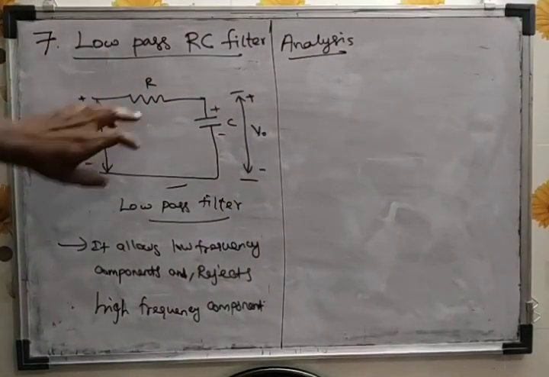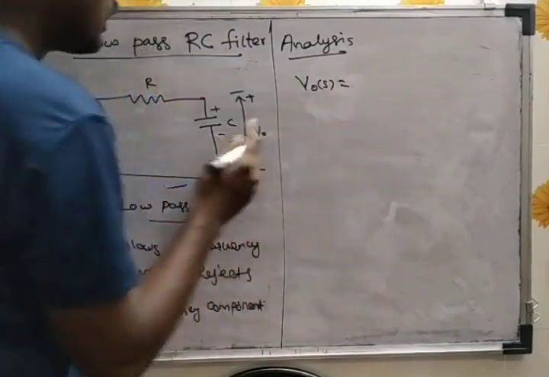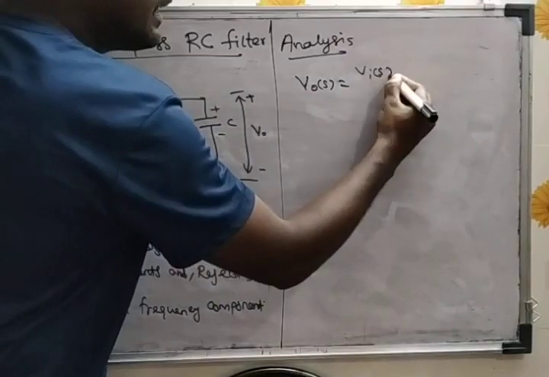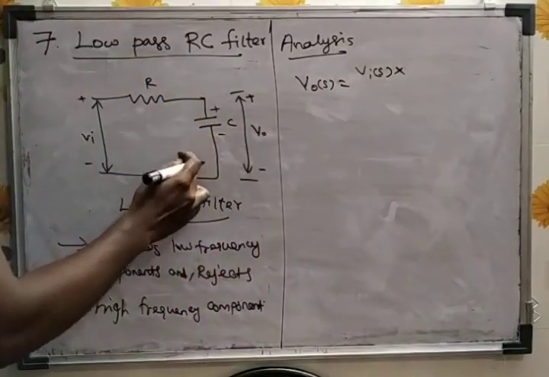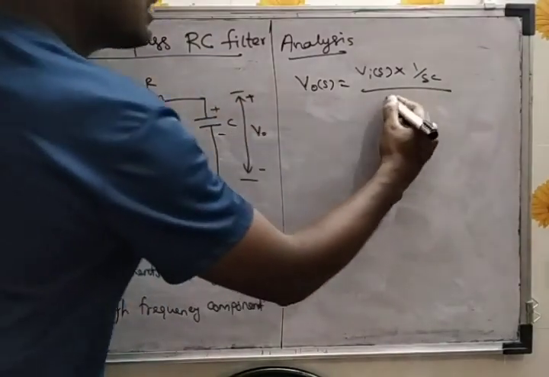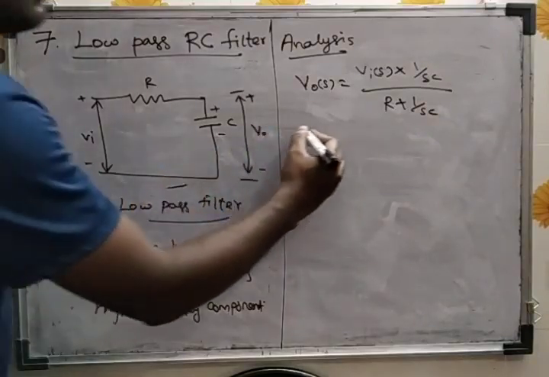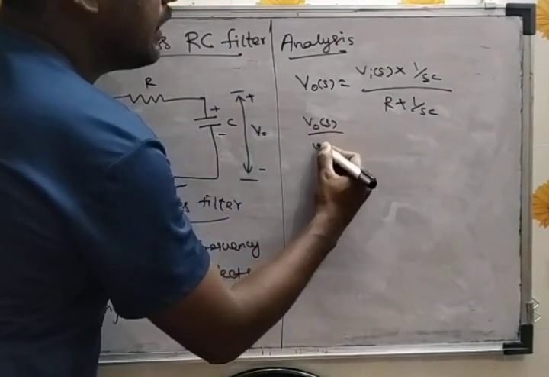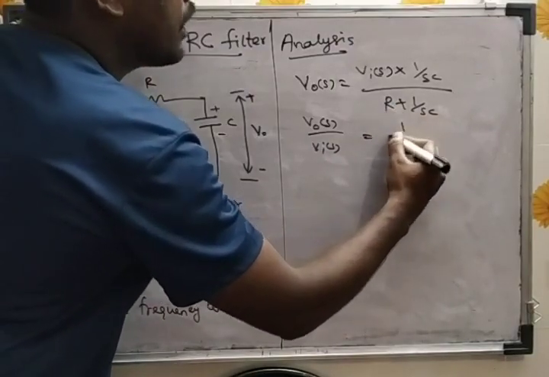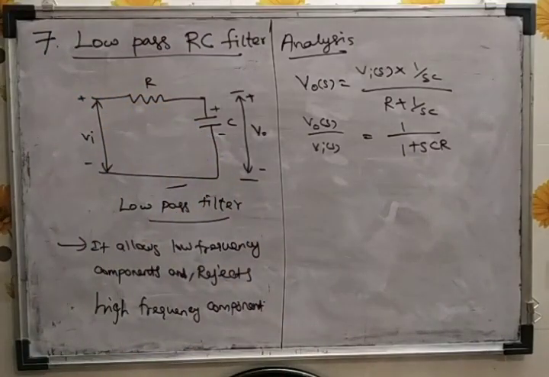From this circuit we can write V0 of S equal to the total input voltage VI of S into the shunt branch impedance 1 by SC divided by the total impedance R plus 1 by SC. So V0 of S by VI of S equals 1 by 1 plus SCR.